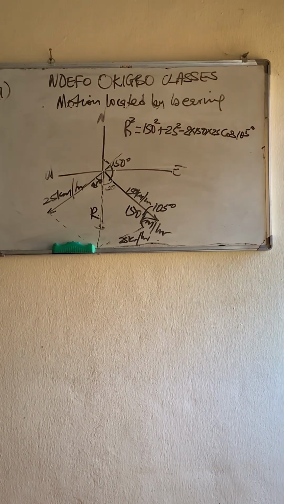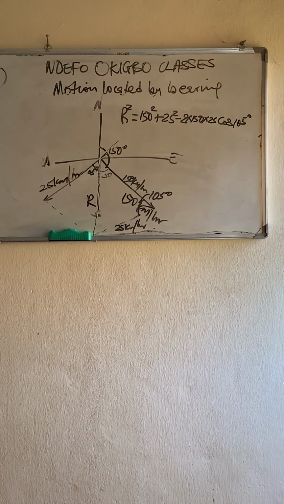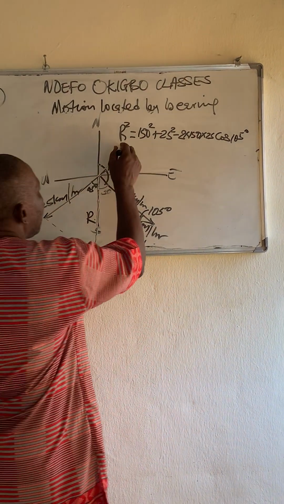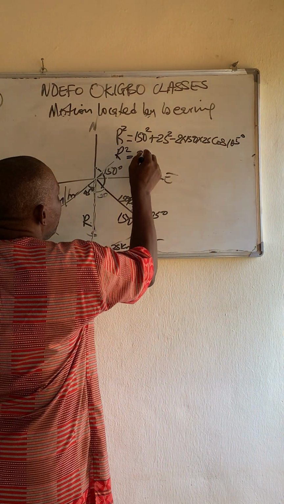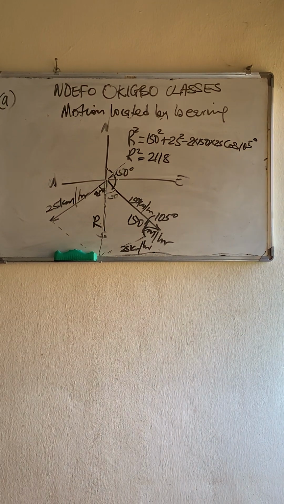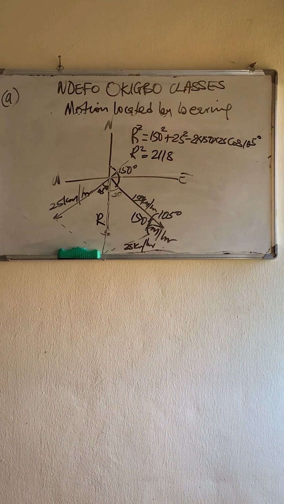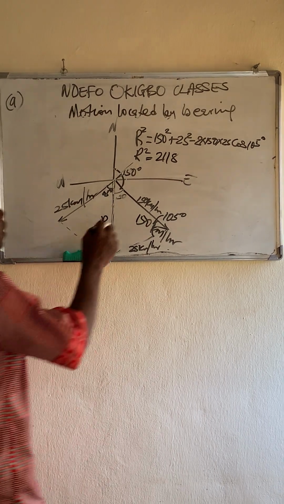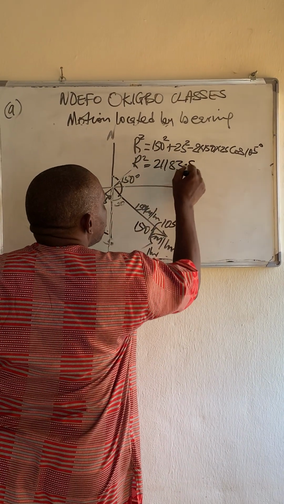If I work this out, I got that R squared is 21183.86.